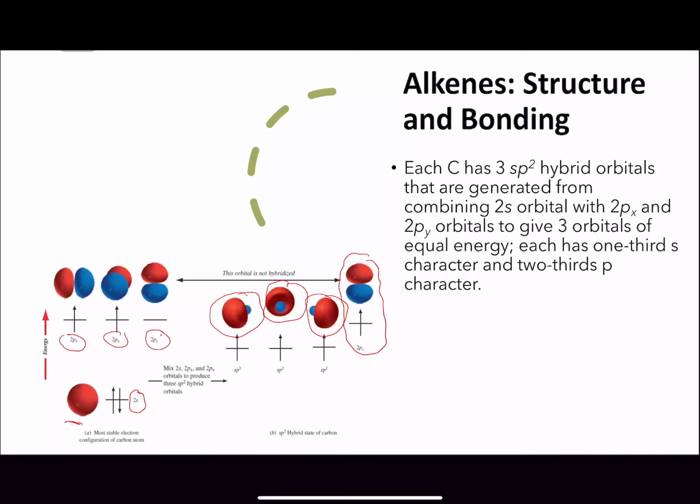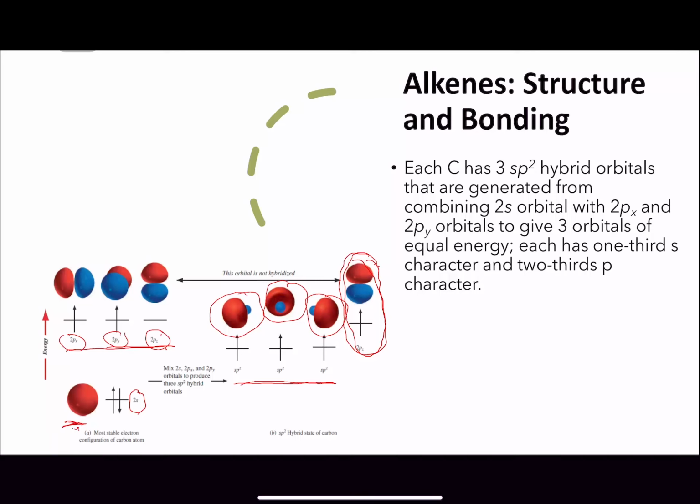If you look at the energy of these orbitals, the 2s orbital has lower energy than the 2p orbitals. The 3 sp2 orbitals will have higher energy than the 2s orbital and lower energy than the 2p orbitals. The remaining 2pz orbital will still have the same higher energy as the 2p orbitals, higher than the sp2 orbitals.